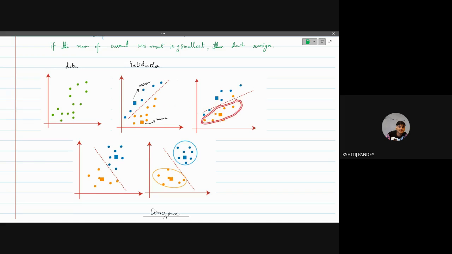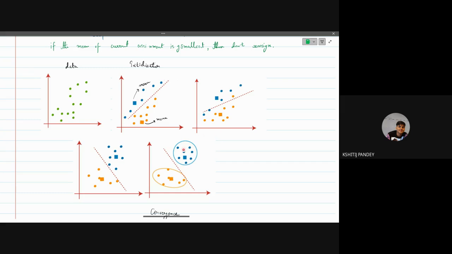As you can see here, these steps continue. Again, after the reassignment, we calculated the mean. Again, we calculated the distance. In this way, your assignment will change again, and in the end you will achieve a state where all the points are happy.